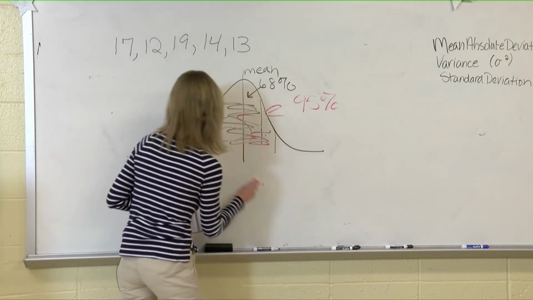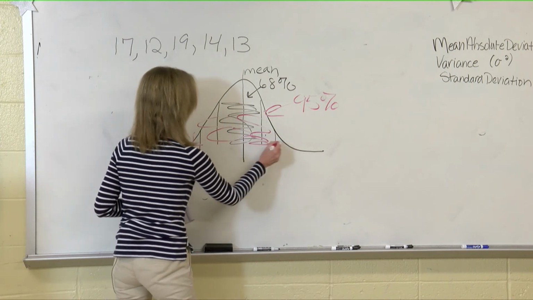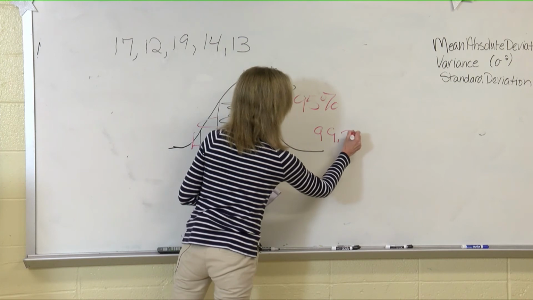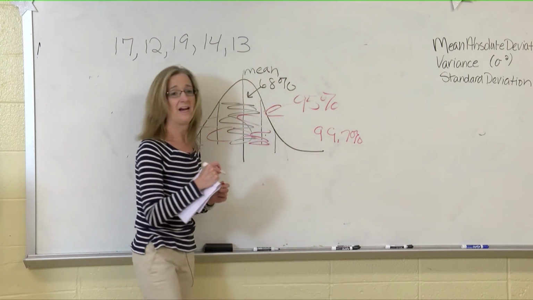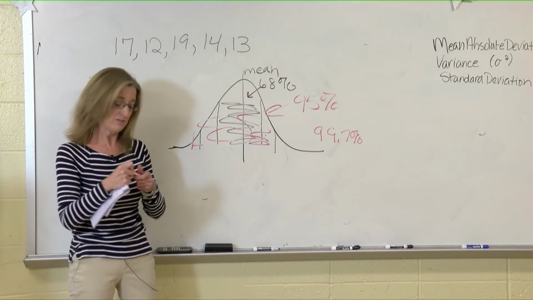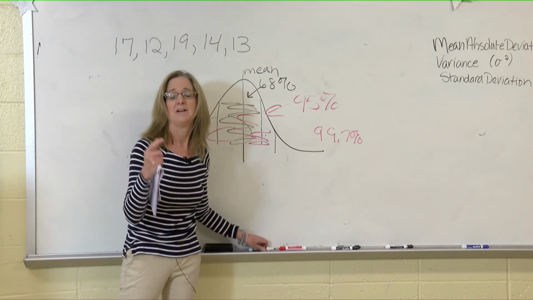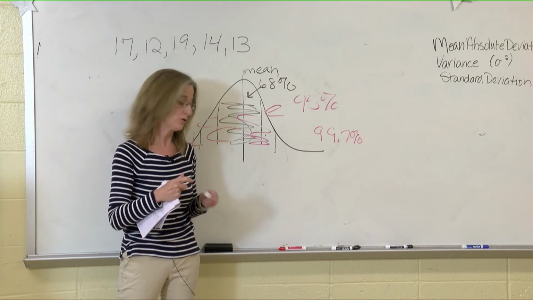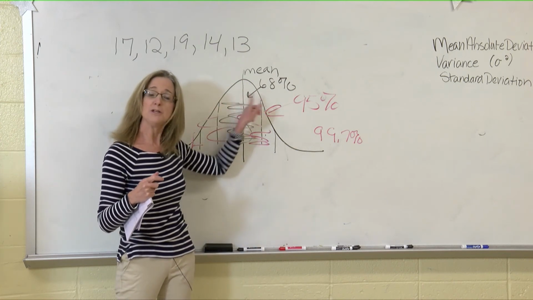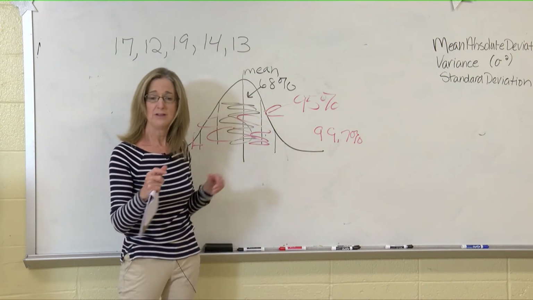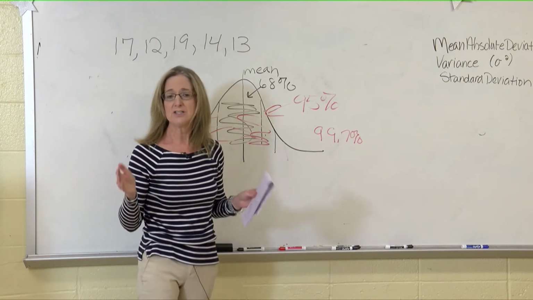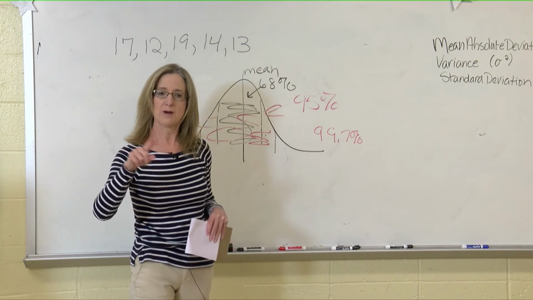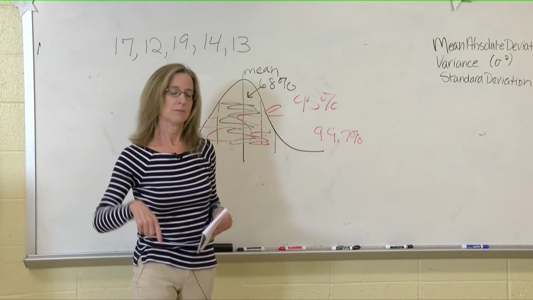And then within 3, you're going to have 99.7% of your data. That's what standard deviation is going to tell you, the percentage of your data. But that only works when you have a normal curve. Your range, your interquartile range, will give you more information for your skewed data.